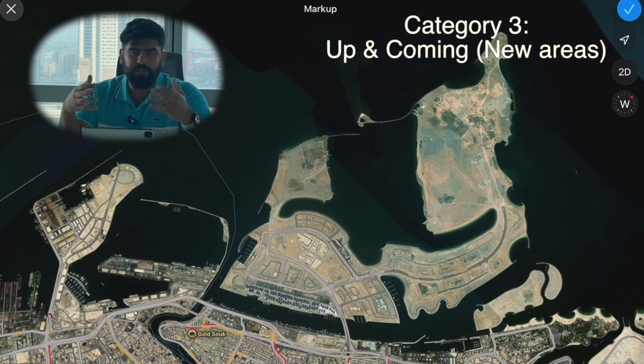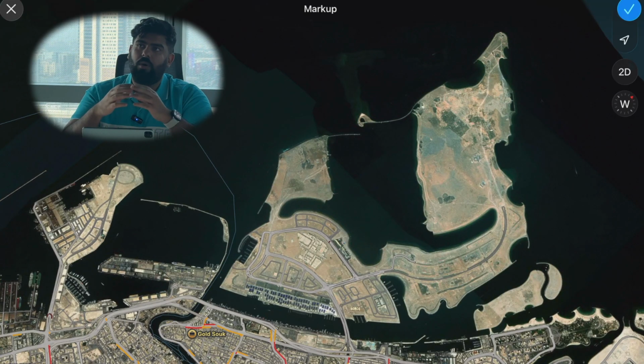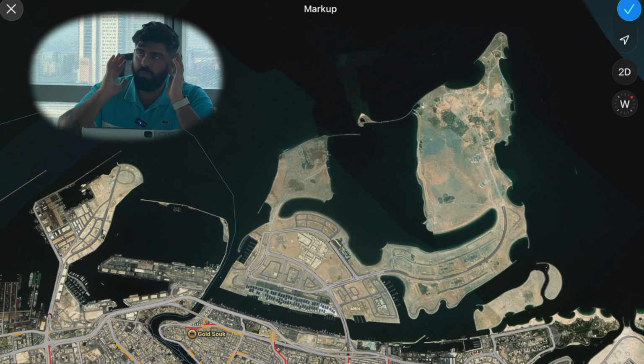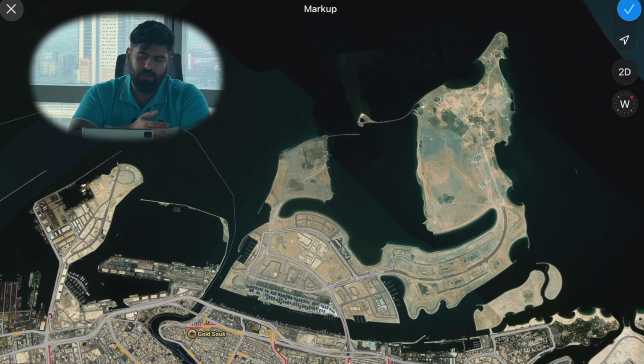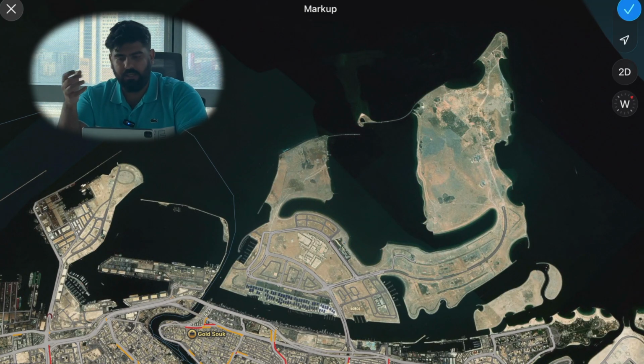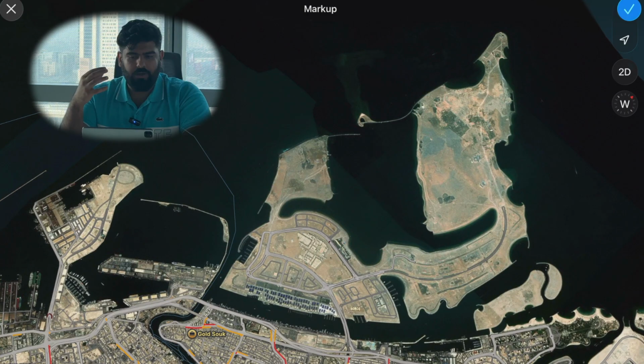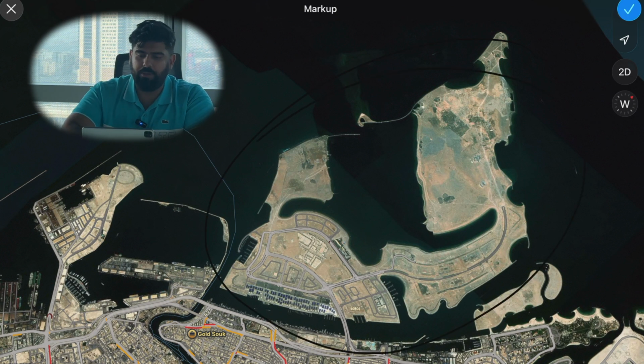So from the Palm you can see the skyline of Dubai Marina, and that's what you're surrounded by, but you don't have a waterfront community or island community where your view is the skyline of downtown. So this is the answer to, if somebody works in downtown Business Bay, DIFC, the bankers, etc., and they want to live on the water, Palm Jumeirah is not really ideal for them. So this is where they would be residing.